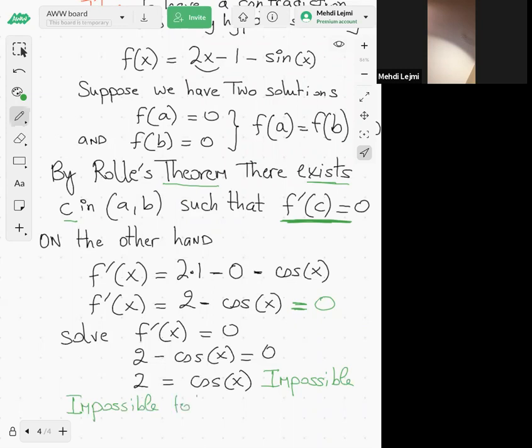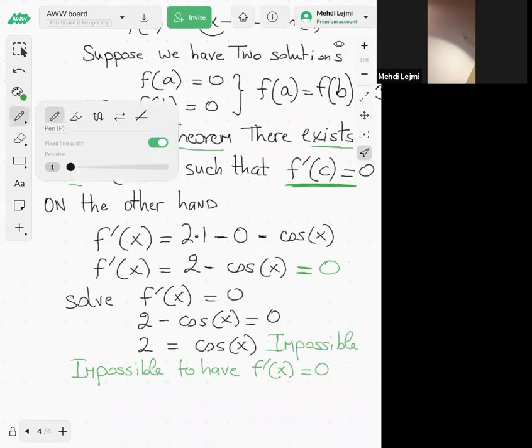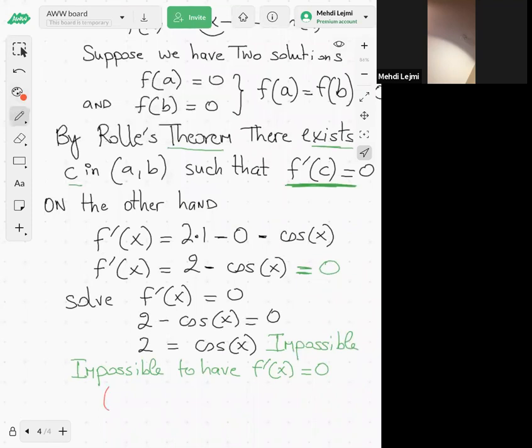There is no such value of x for which the derivative is 0, because when you solve, you get cosine of x equal to 2. So the derivative cannot be 0.